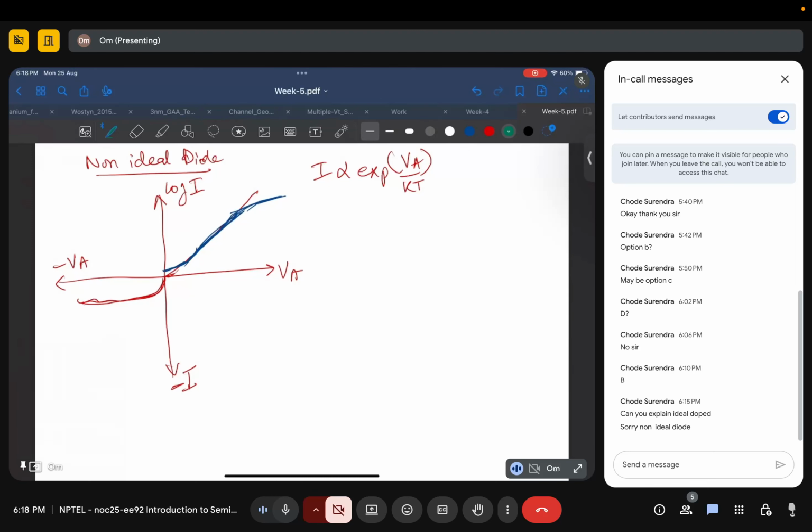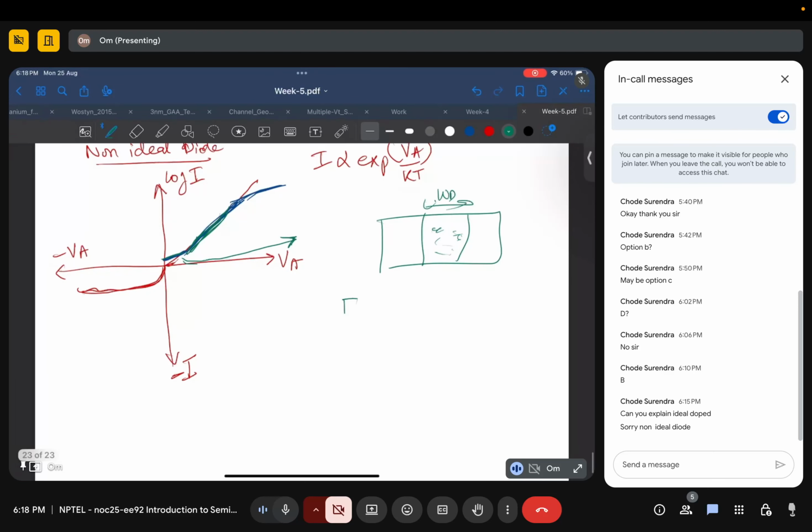In this region, the slope is not the same as this slope, and this is due to the recombination and generation in the depletion width.